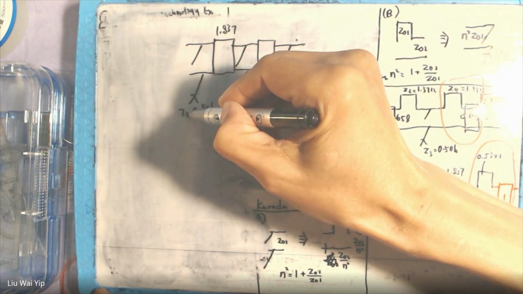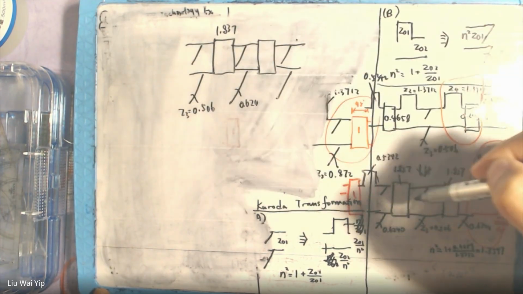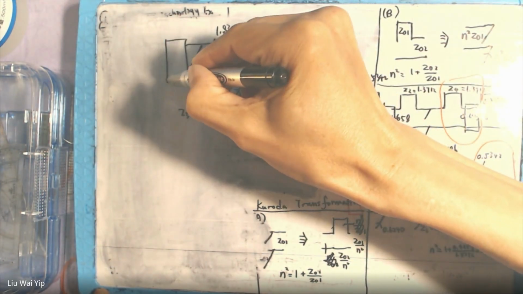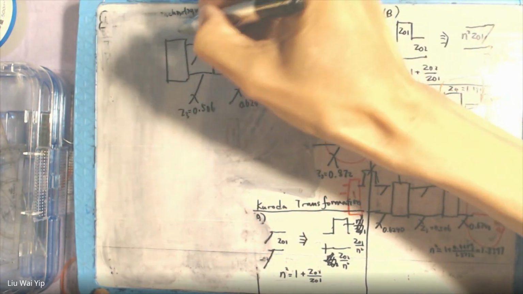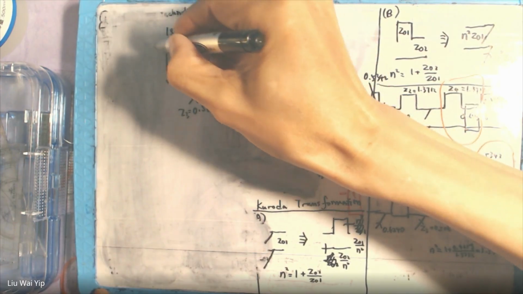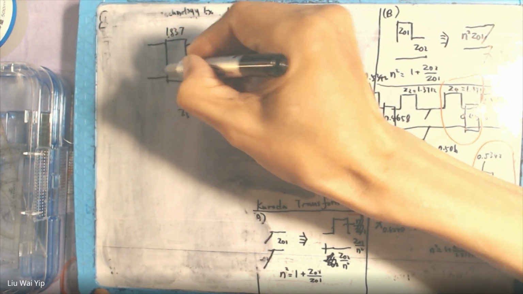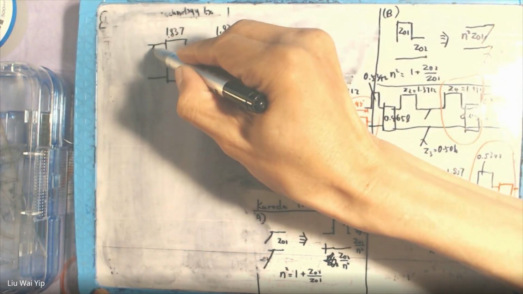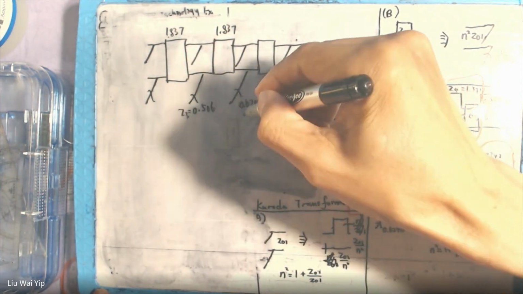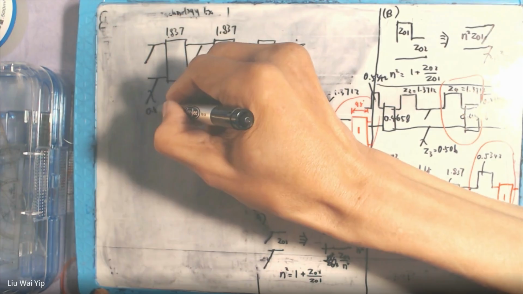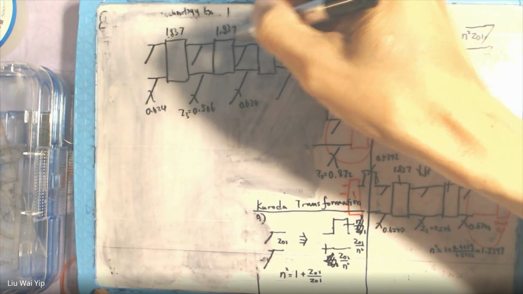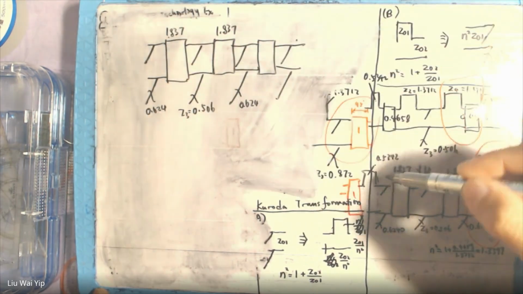This is Z3, and here is 1.837, and here is the same 0.624, and here so we are going to change this.